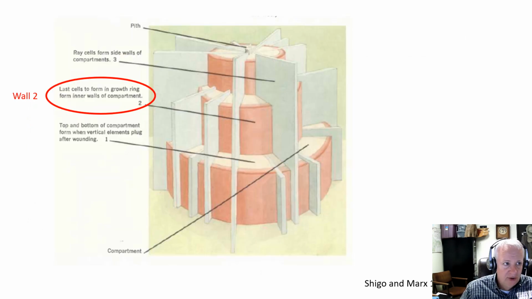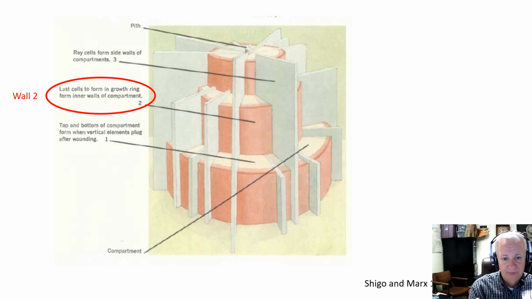Now, wall 2 and wall 3 are constitutive walls that are already there. So wall 2 is the growth ring, the former growth ring. So in thinking about this compartment, the growth ring, the previous growth ring where it ended, is a barrier to pathogen movement towards the center of the stem.